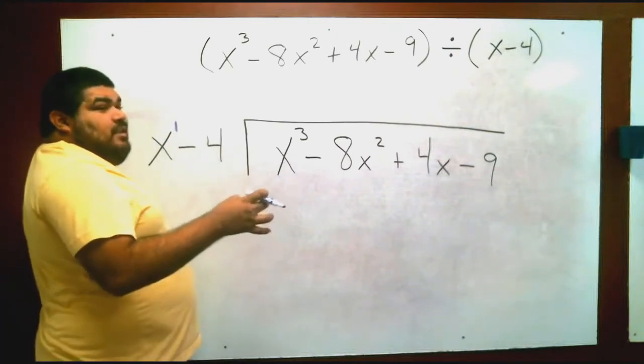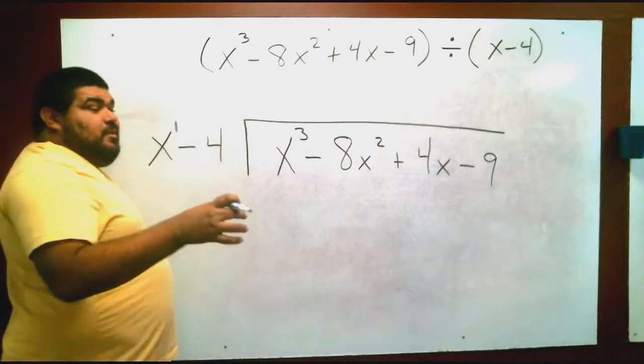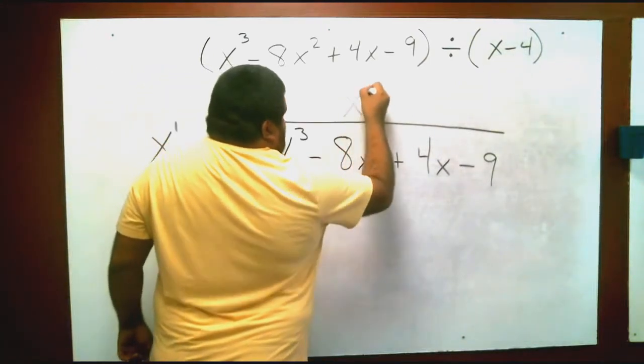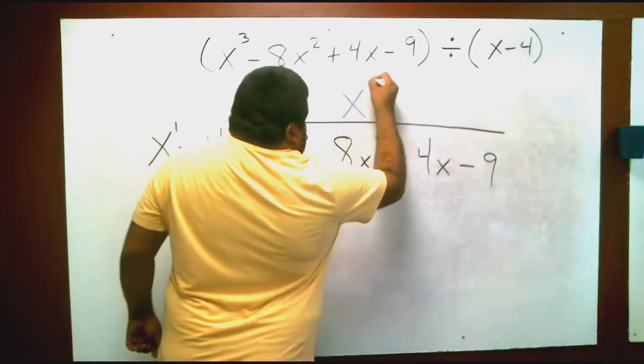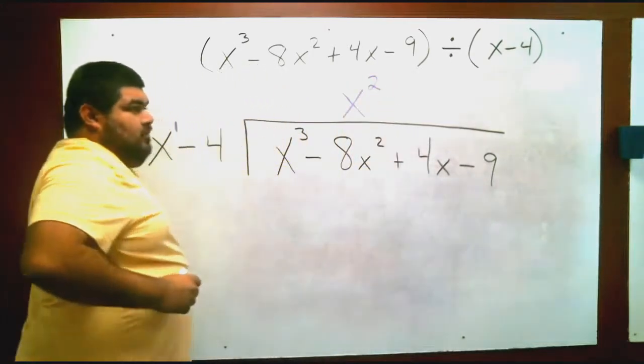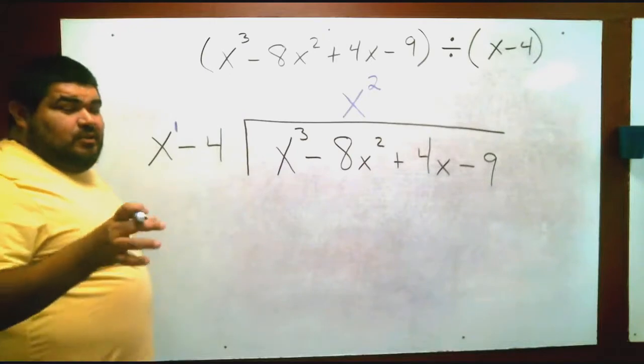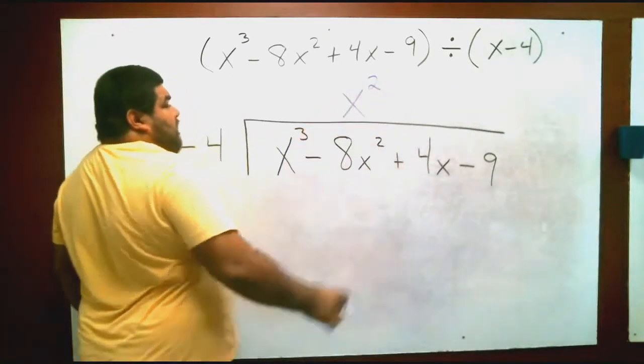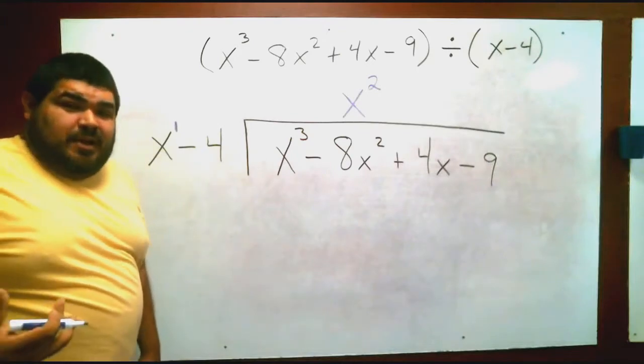So notice that, again, I said our first variable is going to be 2 spaces over. So we're going to put x squared. Okay? Again, the reason why is because x to the first times x to the second is x to the third power.